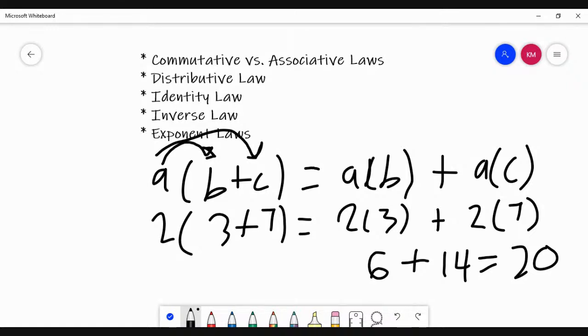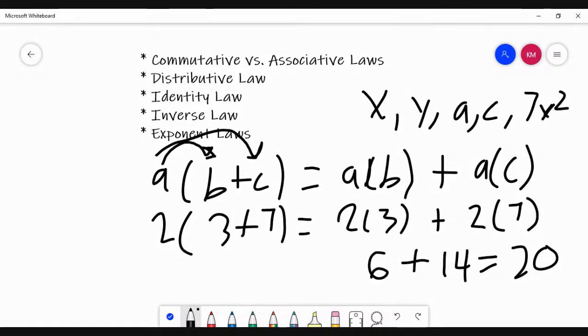Now, with distributive property, this comes in handy for when you start doing algebra. Reason being, algebra has things like x, y, a, c, and 7x squared. With distributive property, it shows you how to multiply the outer number to everything within the parentheses.